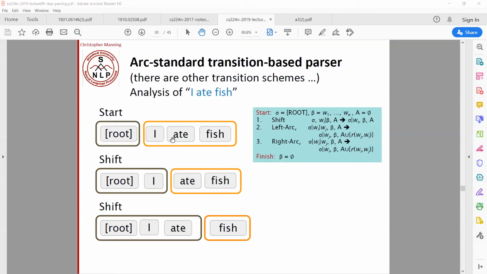The first shift operation shifts the word I to the left and puts it into the stack. But as Steve said, you have to have two words to compare in the stack, so you do another shift. You shift ate from the buffer into the stack. That's the second shift operation. Now we have two words to compare.